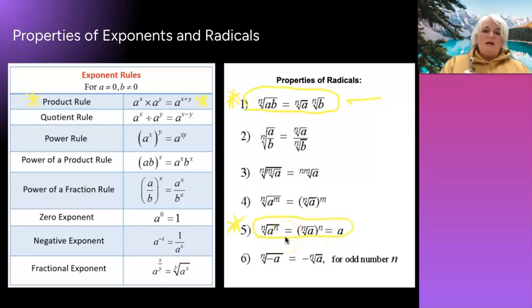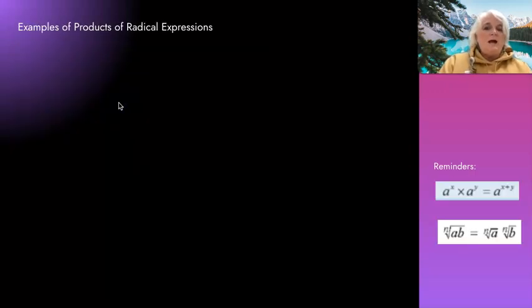They're kind of opposites. Let's do some examples of products of radical expressions. I have the two properties, the exponent property for products and the radical property for products over here to remind me of what I'm doing.